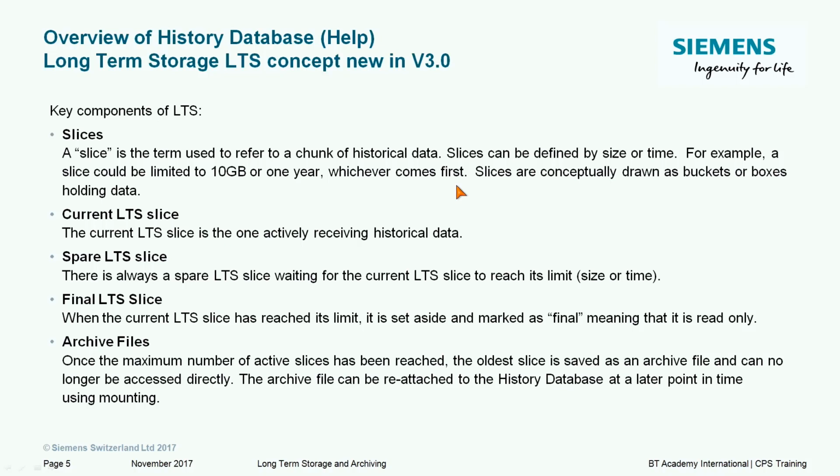So whatever comes first, this slice will be closed, and this slice here, this is the current slice, so the slice which I'm filling up with data currently, okay? And when either the size is achieved or the time span I'm defining, this current slice changes into a final slice and will be closed, okay?